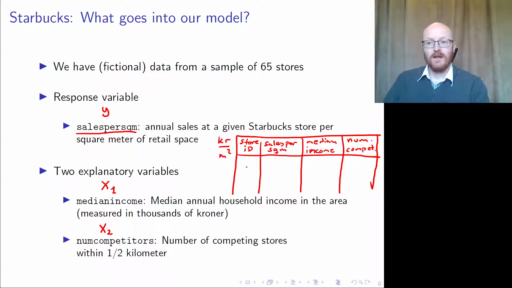For example, the first store has sales per square meter of 600,000, and the median income in the area might be 500,000 kroners per year, and you have two competitors.